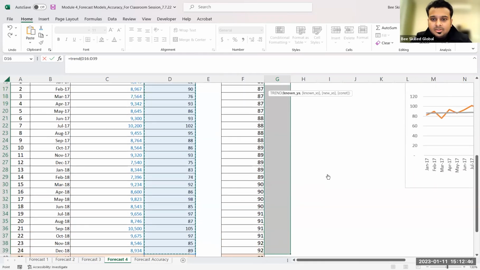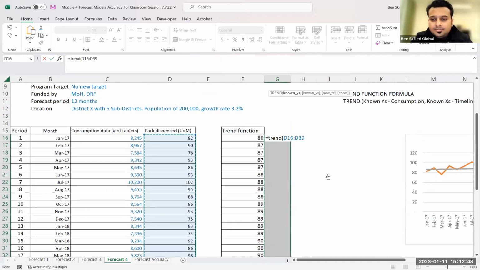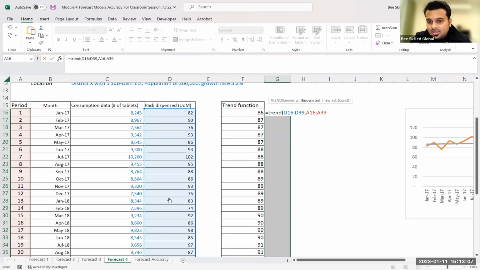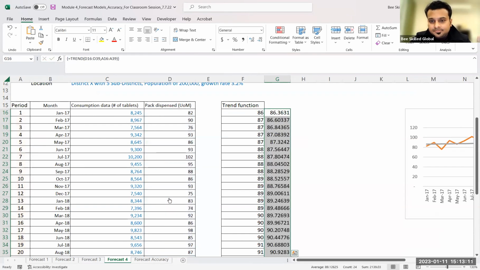Comma. Then we do our known x's. That is the timeline. Now, an easier way to represent the timeline is by doing period 1 to 24 rather than using the months. So I'll use the period 1 to 24. Because we have selected the entire timeline, we will do Control Shift Enter.